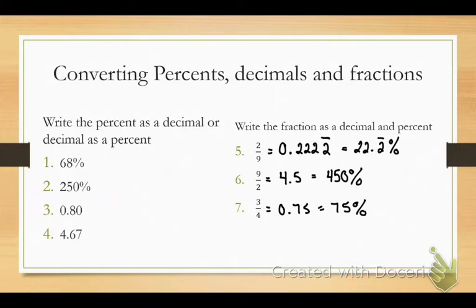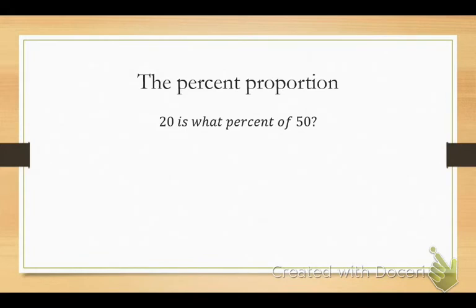So that's all you'll have to do on the first couple. Now you're going to have a couple questions for percent proportion and or equation. You're going to be able to use whatever method you want. I said percent proportion because I prefer the percent proportion when I'm solving for percent. But whichever method you want to use, you won't be penalized. Go ahead and solve this problem, percent proportion.